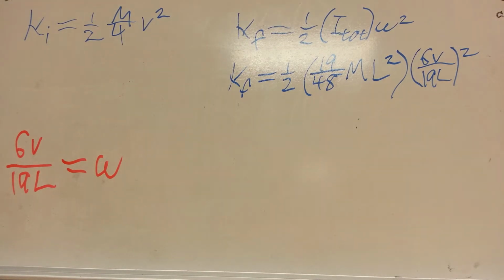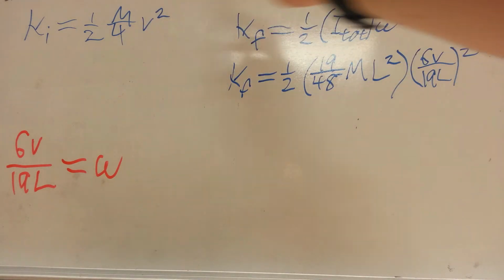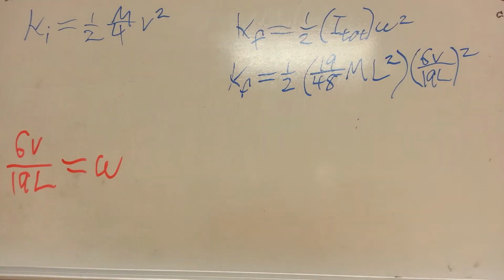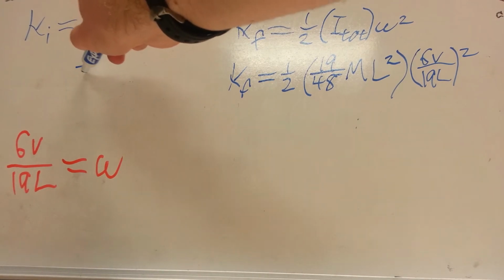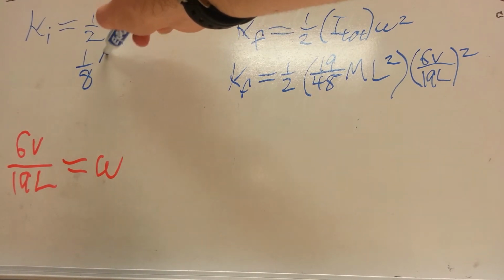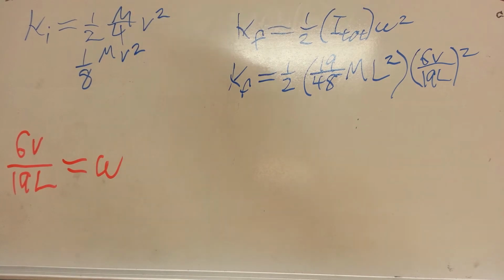Okay. So we just divide one by the other. I will simplify this. 1/8 mv squared. Okay, that looks a little nicer.